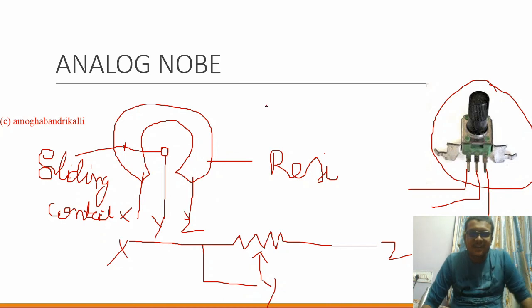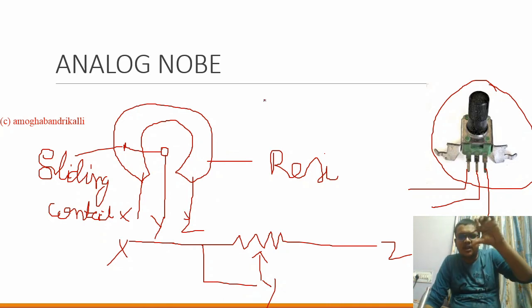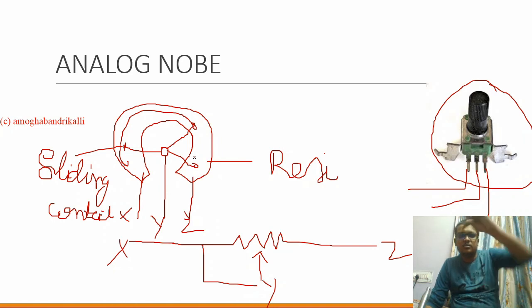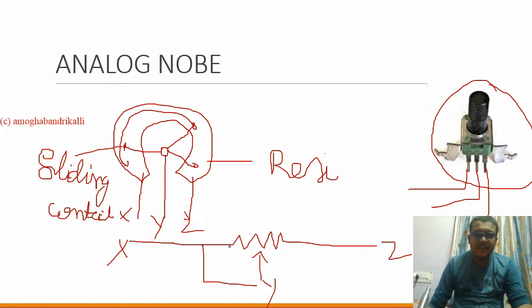By rotating the knob, the contact is going to slide. If it slides and makes contact here, a larger resistance will be there. So this is the final resistance part, the contact maximum. This is a varying resistance, and it will have three terminals.